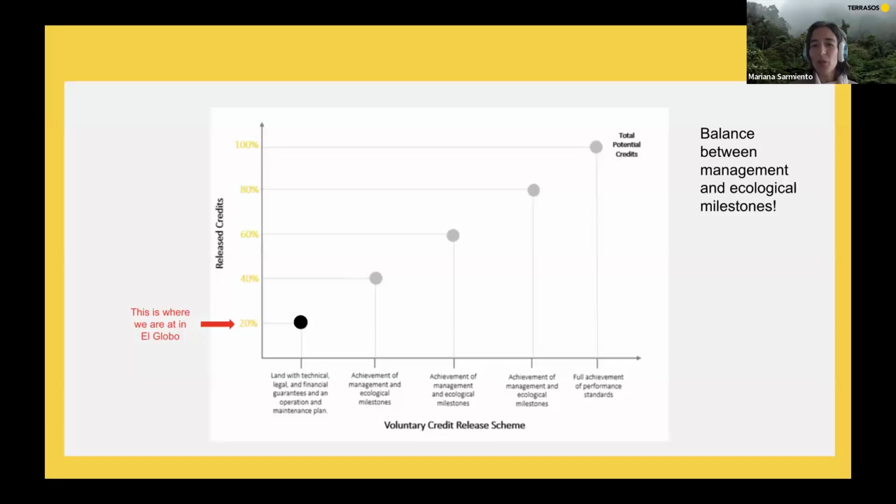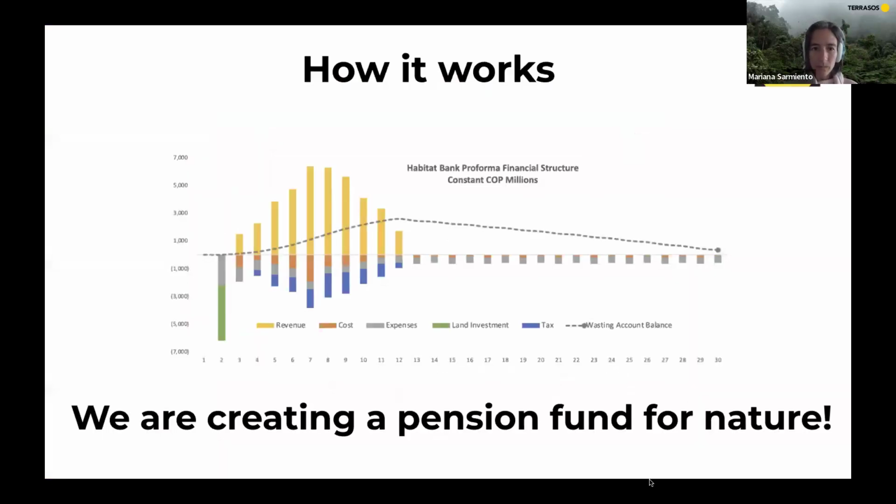So then the question is, well, if it's a 30-year project, then what happens? This is an example of the cash flow of one of these projects, where all the sales, but also the release of those credits, are happening, in this case, in the first 12 years of the project. This is just an example.